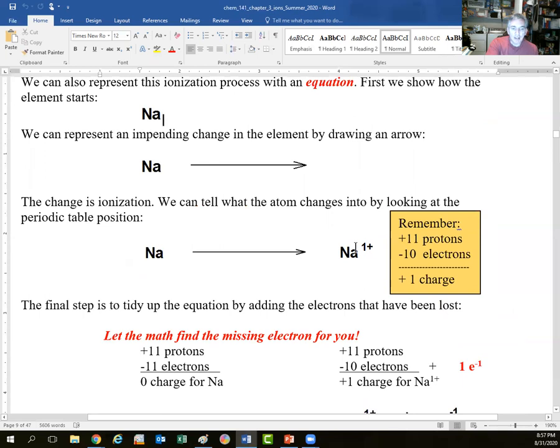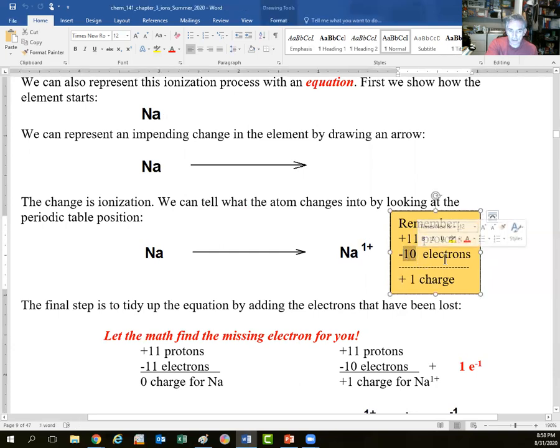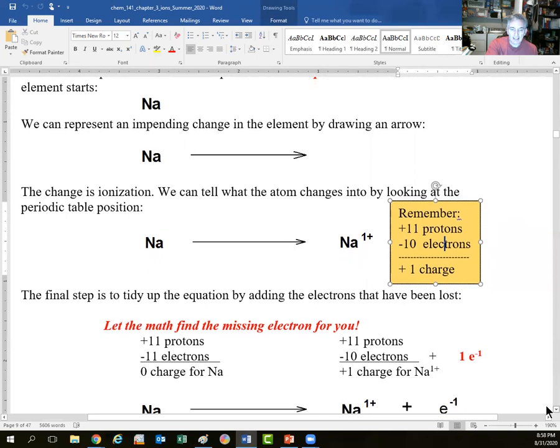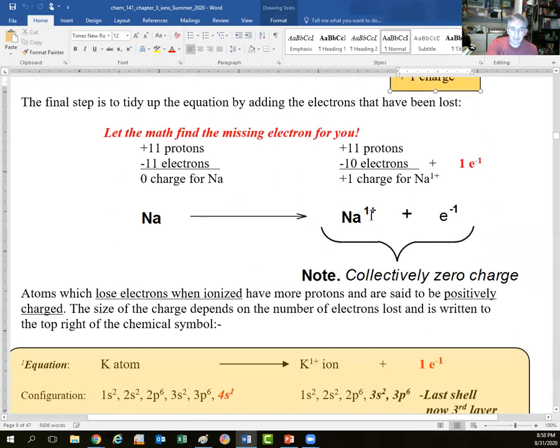And so we then add that electron back into the equation when it's no longer part of the atom. Sodium, starting with 11 protons and 11 electrons, hence neutral. After the ionization, it's a 1+ charge because it now only has 10 electrons. So the electron missing at the end is added back into the chemical equation.